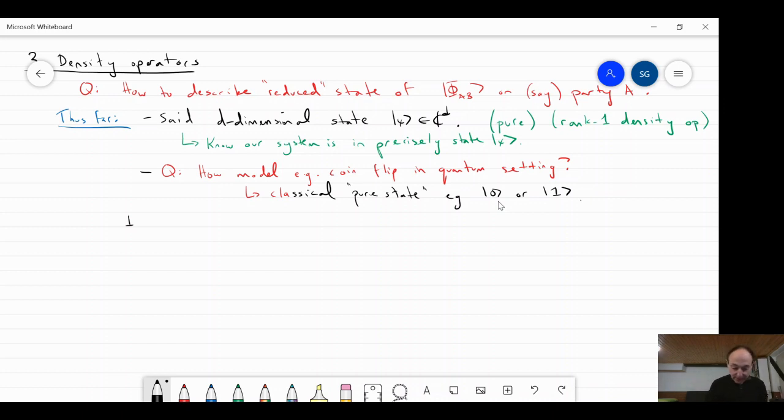So here's the idea. Obviously we're going to use density operators, and again, I'm going to have to define this. I haven't defined it yet. So suppose we play this game: with probability a half, I prepare, say, 0, and you can think of this as heads if you like.